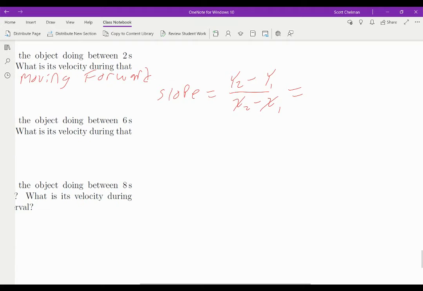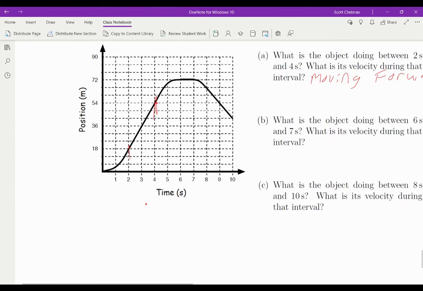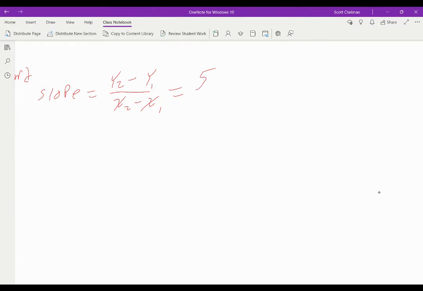For you. Regardless, at 4 seconds, what is our y value? It is 54. Good. 54 meters. And what is our y1 value, our y at 2 seconds? 16? Okay. So then x2 would be 4 seconds, and x1 would be 2 seconds.